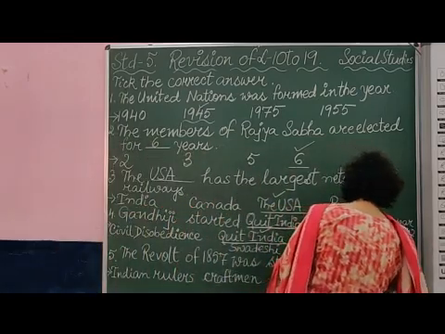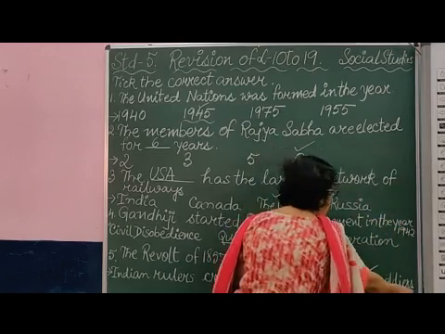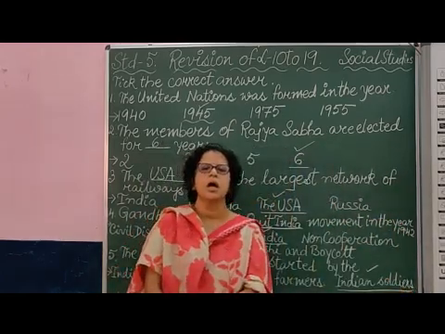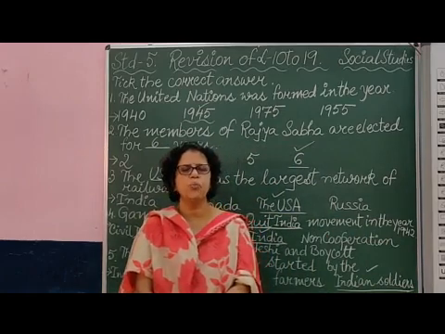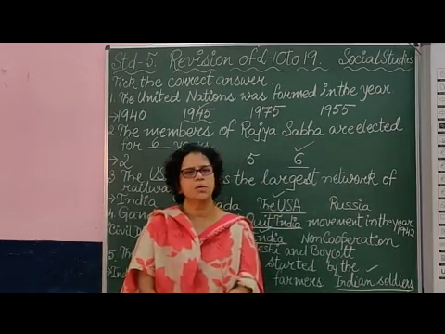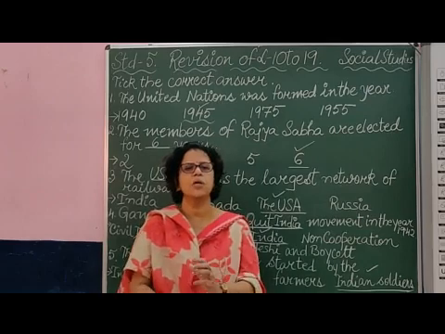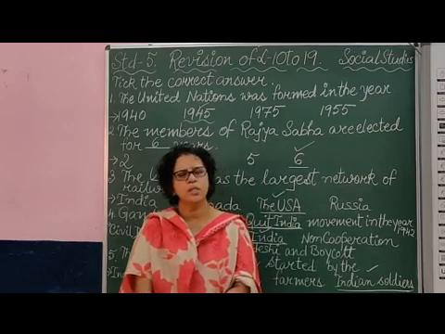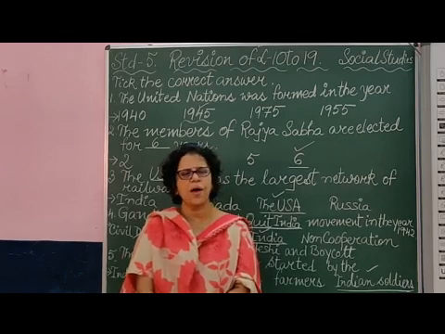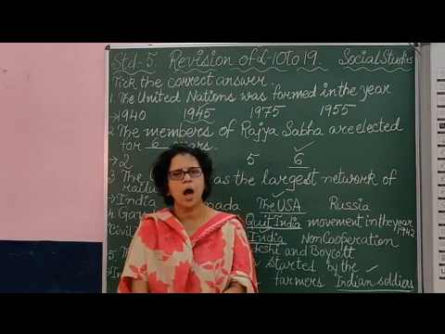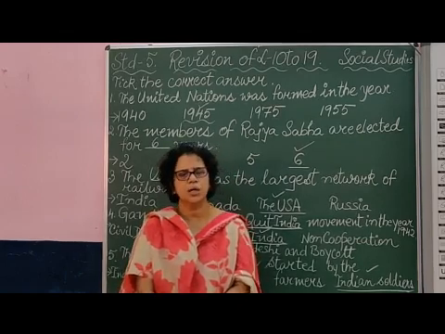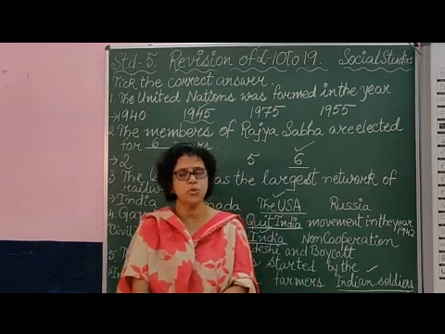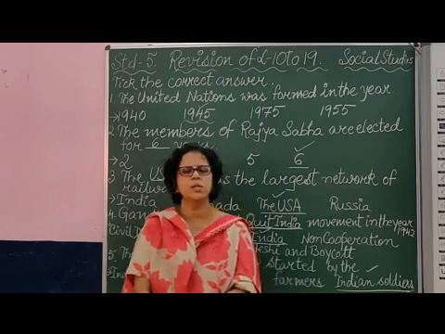As we have discussed, after the Enfield rifle was introduced by the Britishers, there was a rumor that this rifle has to be greased, means when you are loading the bullets, that has to be greased by the fat of the cow and the pigs, which hurt the sentiment of both Hindus and Muslims, and they refused to use this bullet.